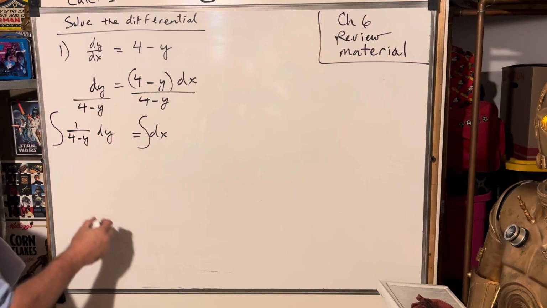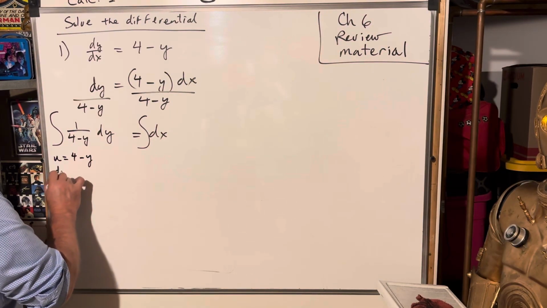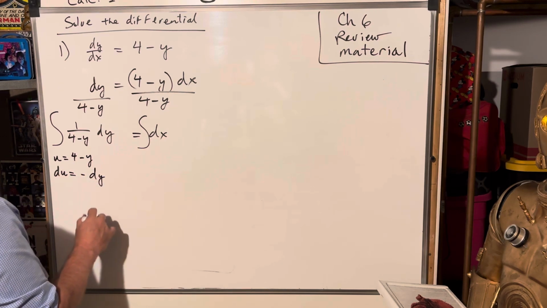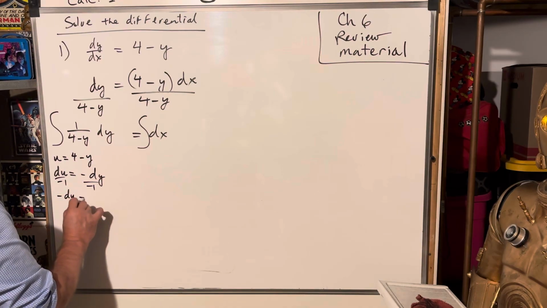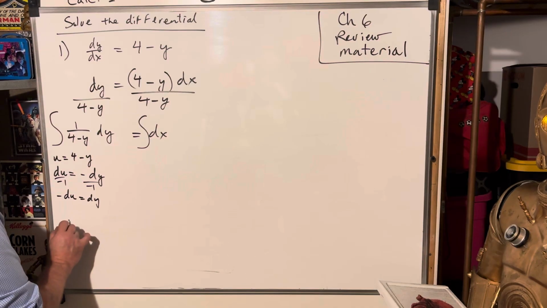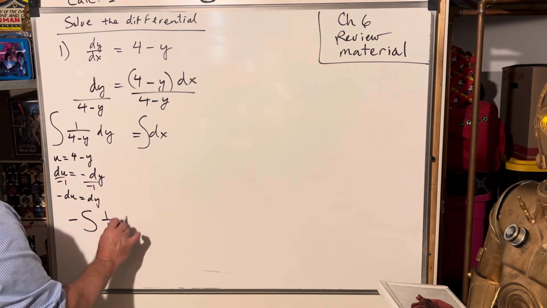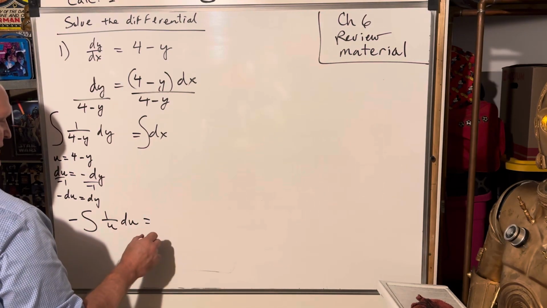So we do the integral of each, use substitution, u = 4 minus y, so du is equal to negative dy, so divide out the negative 1, so negative du is equal to dy. So we're going to throw a negative on there. So we have the opposite of the integral of 1 over u du.